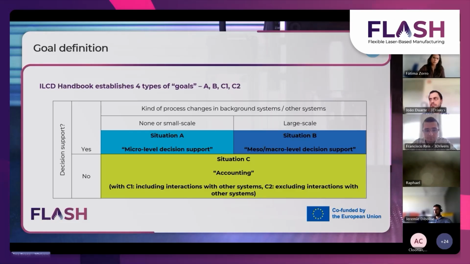This is just nomenclature, but we can use this for decision support or just for accounting purposes, at micro, meso or macro level, and also whether it will include interaction with our system or exclude it. So just some definitions.